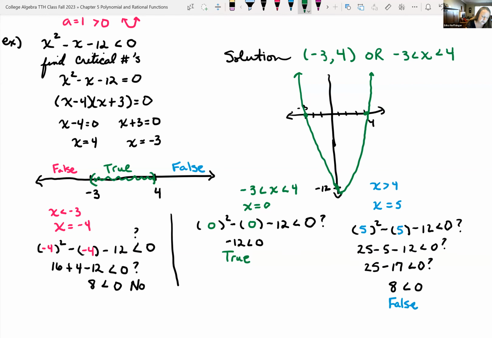But notice that we were looking at where it was less than 0, and where it is less than 0 is where that graph is going to be below the x-axis, which notice is between our values of -3 and 4. Okay, so kind of putting together multiple things that we've done in this class into solving this nonlinear inequality.